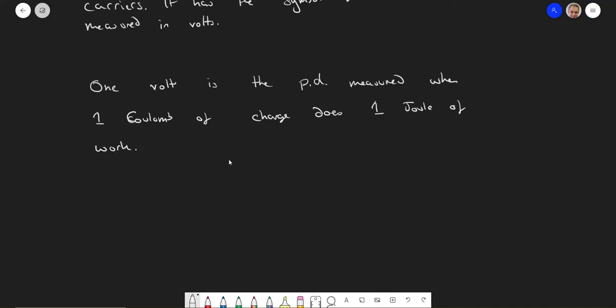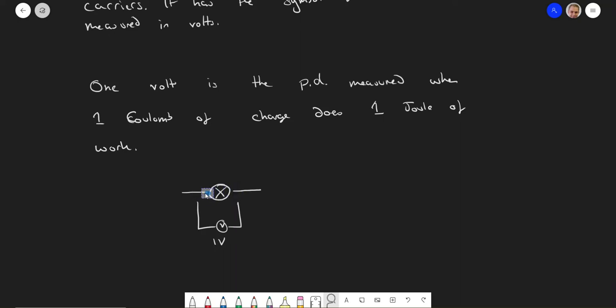What that means is, if we think about something going through a bulb, and we're measuring potential difference around it with a voltmeter of 1 volt, then for every coulomb of charge that travels through, it's going to do 1 joule of work in that component.